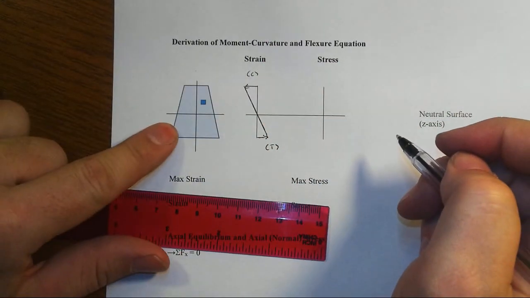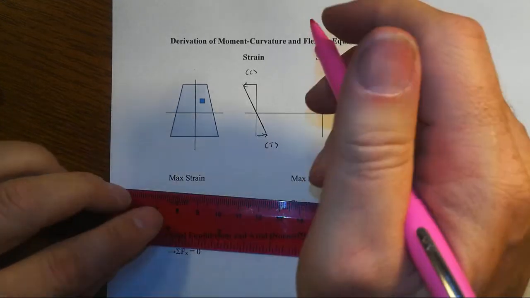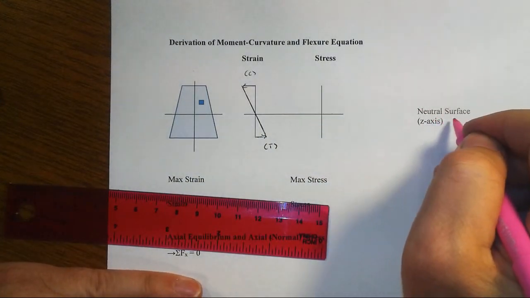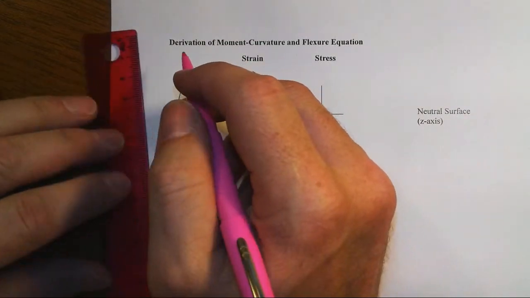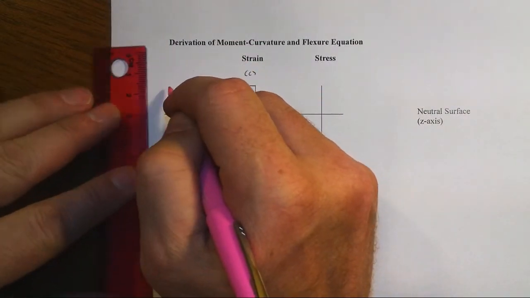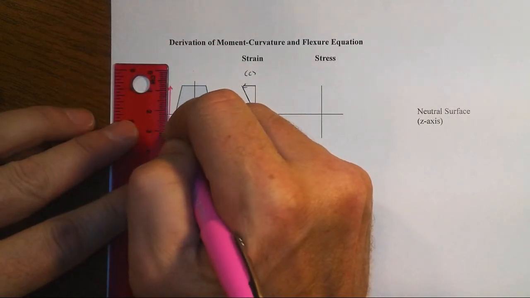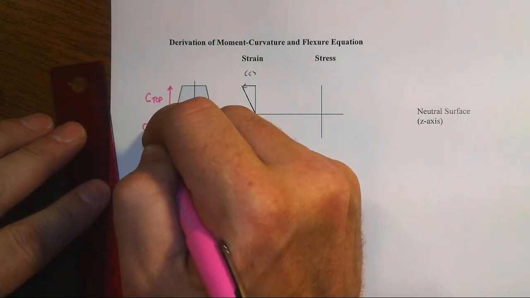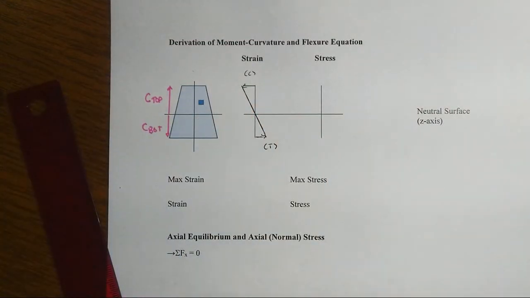Now this is an asymmetric cross-section, so the distances here from that neutral location, right, that's the neutral surface, are going to not necessarily be the same. Right? So we'll have C to the top and then C to the bottom. Not necessarily equal to each other.